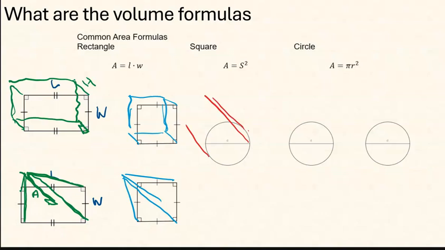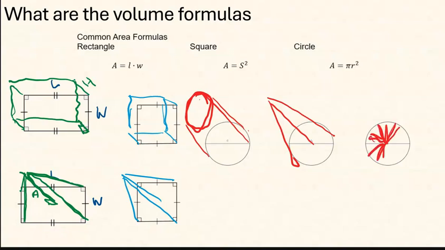I could create cylinders or cans. I could create cones. And if I really want to go crazy, I could make a sphere, which is essentially an infinite amount of radii in an infinite amount of directions.